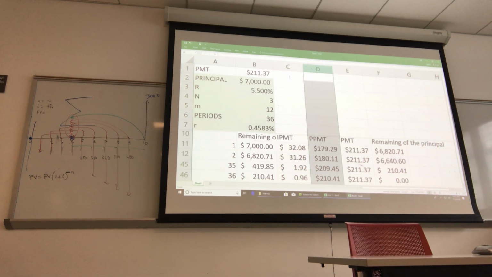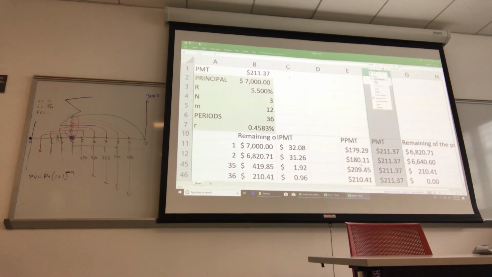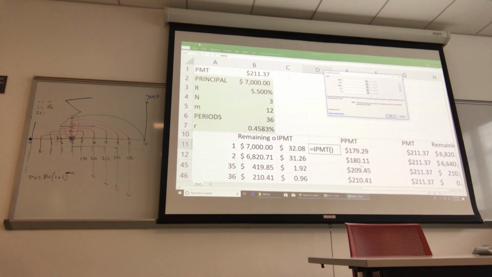And I go on and insert a column here, and insert a column here. And I want to use an Excel function here. The formula is to calculate the interest on the payment, and the rate is here, the period is here, the number of the periods is here, and the present value of the payment is this one.